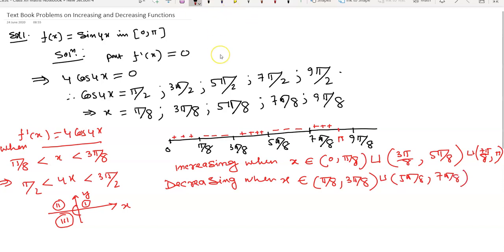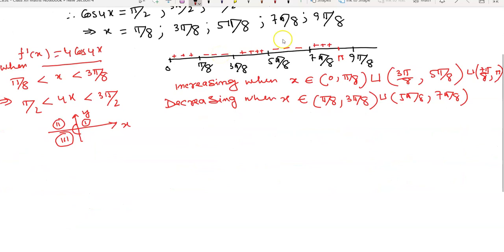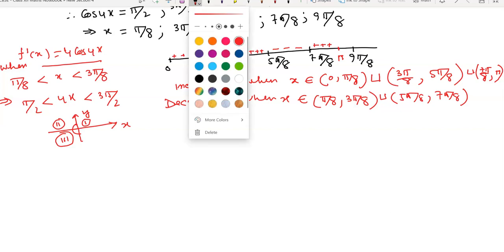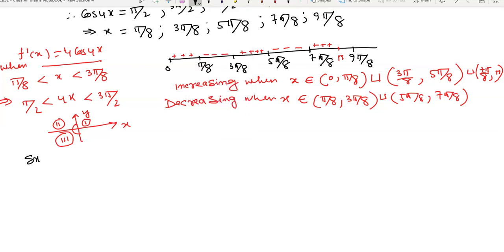Okay. So this method you must keep in your mind for finding the interval where it is increasing or where it is decreasing. Let me explain another similar problem, that in today's class will be example 2.